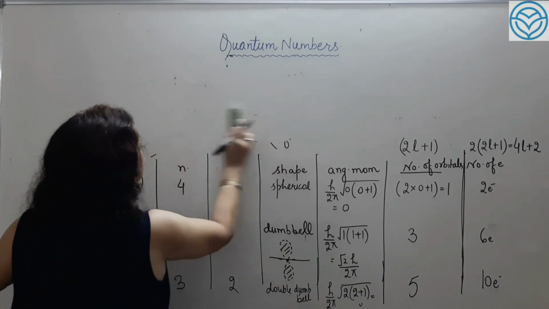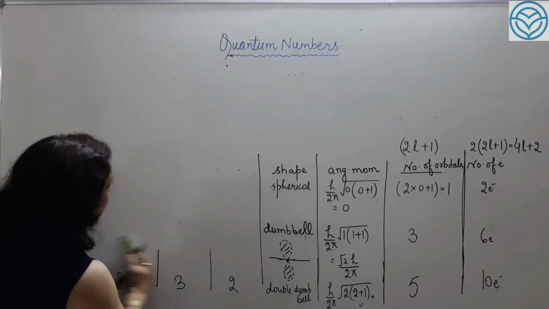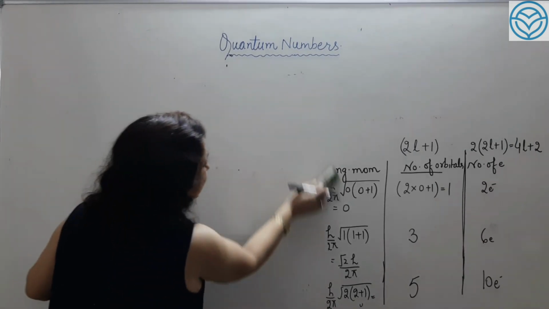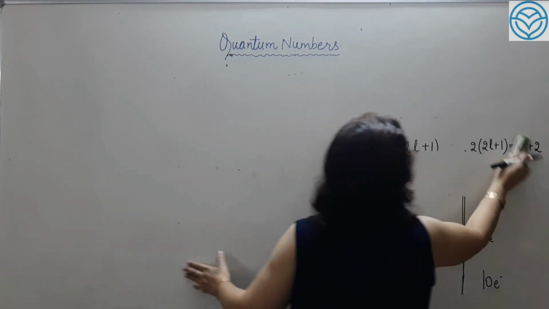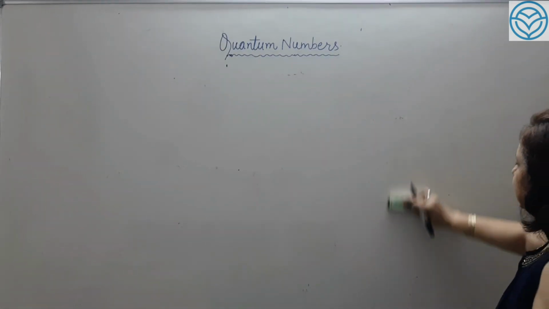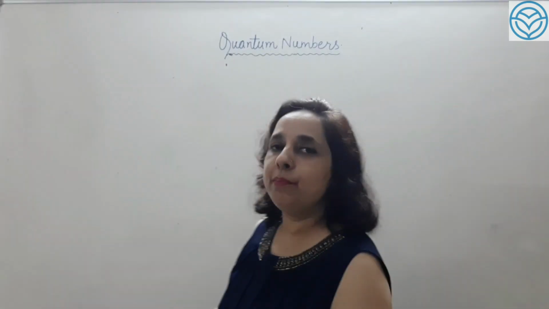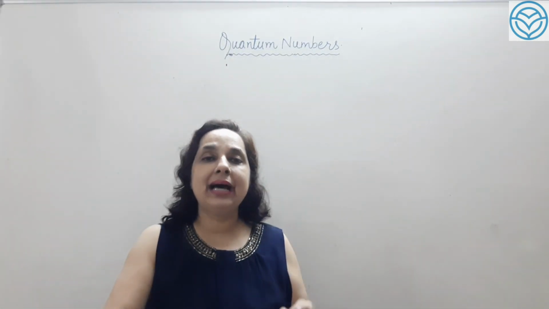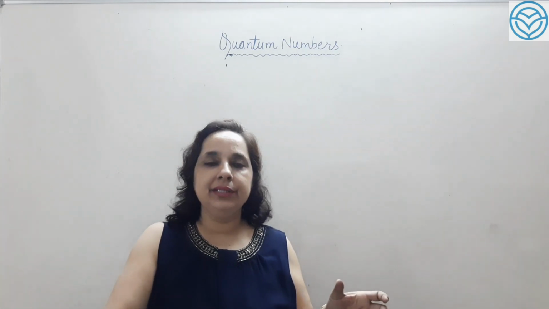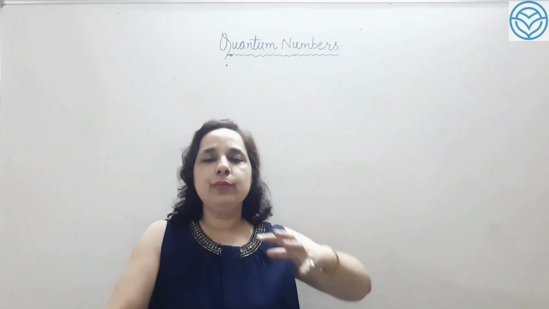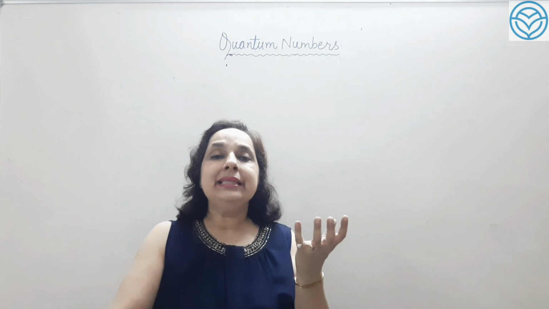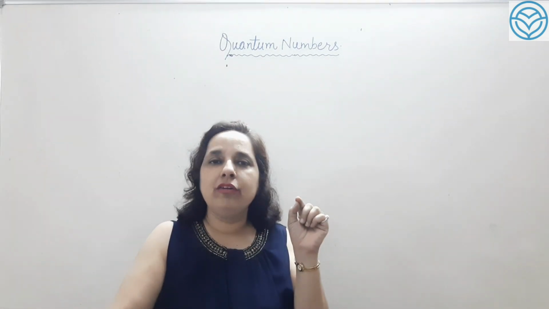Now we move on to the next part, that is your magnetic quantum number. This quantum number is named as magnetic quantum number because its origin is from the thought process, the explanation, calculation that the electronic magnetic field is going to interact with Earth's magnetic field. That means the whole magnetic system of the Earth is going to interact with a tiny magnet of the electron.